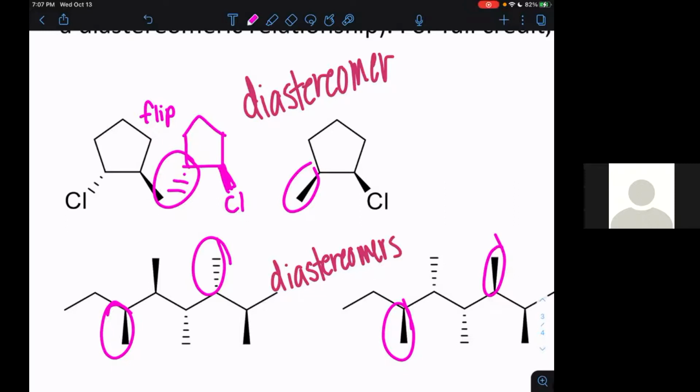That would be coming towards you instead, because you flipped it around. I know it's really confusing, manipulating the compound like that. Okay, thank you.